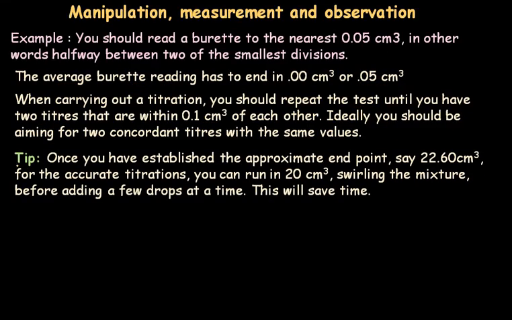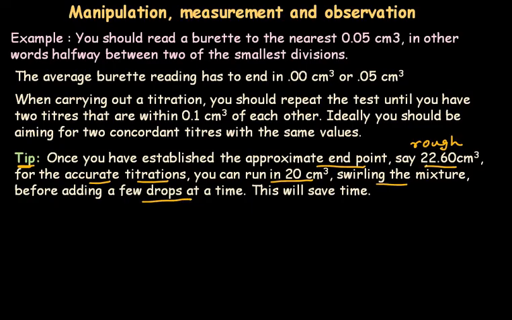Now let us consider a tip for performing the burette readings. Here, say we have got an approximate endpoint of our first reading of 22.60. We can call this a rough titer also. If it is 22.60 centimeter cube, then for the further accurate titrations which we are going to consider, we can run 20 centimeter cube of the solution from the burette directly into our conical flask, swirling the mixture before adding a few drops at a time.